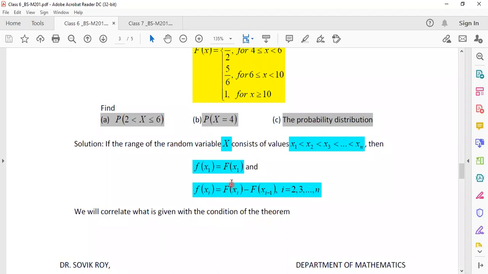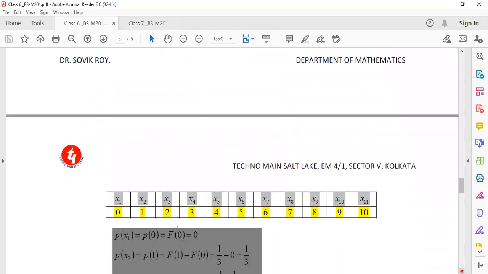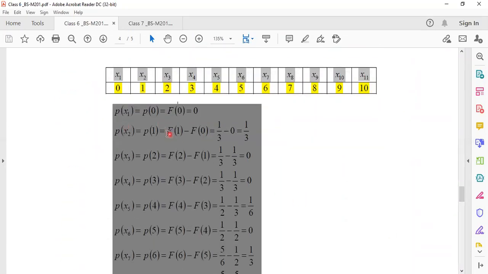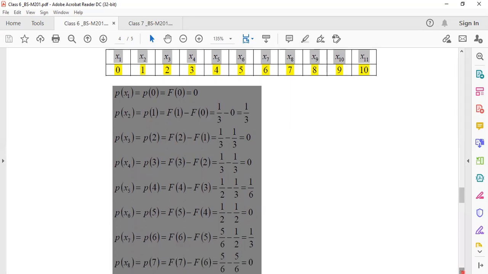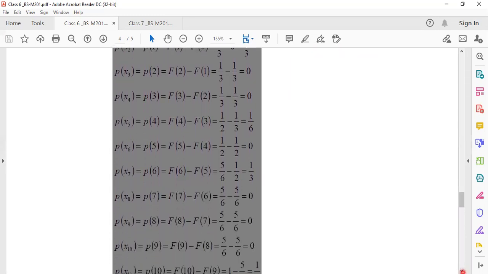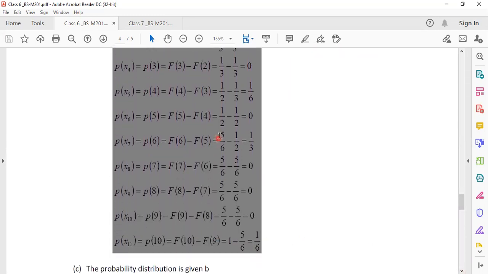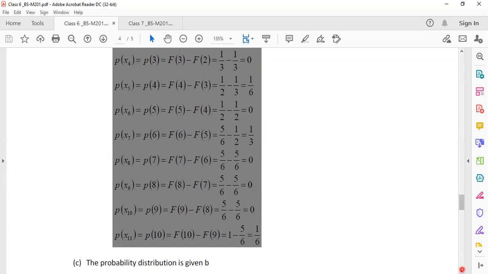So P of xi is capital F of xi minus F of xi minus 1. By this rule, I have calculated the probability P1 as F1 minus F0, which is 1/3. In this manner, all the respective probabilities have been calculated, till P10 and P11.